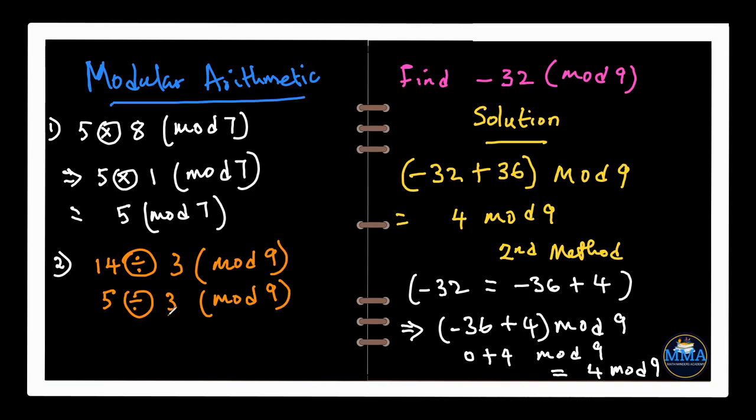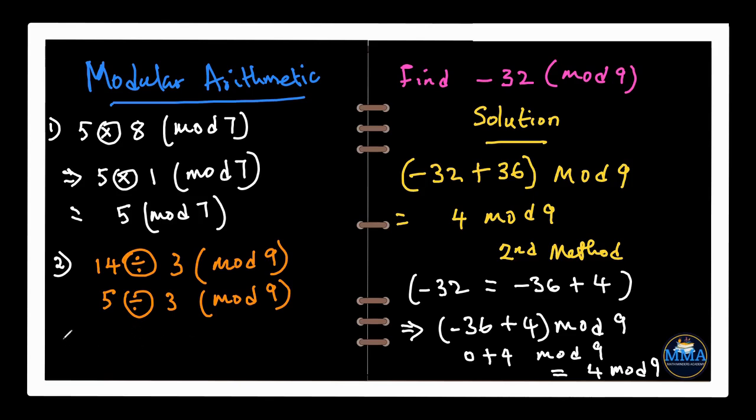Now, if you look at this, of course, both 5 and 3 are mod 9 numbers, and 5 cannot actually be divided by 3 to give an integer that will belong to the mod 9 system.